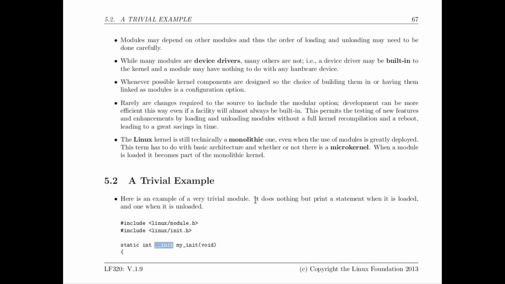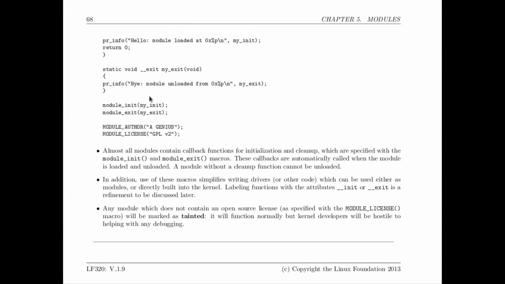And then there's an exit function, which in this case is called myExit, which is right here, which is marked with the attribute __exit that gets called every time you unload the module. So when you load the module with the insmod program, which we'll mention later, the initialization callback function is called, and the exit function gets called when you unload it.